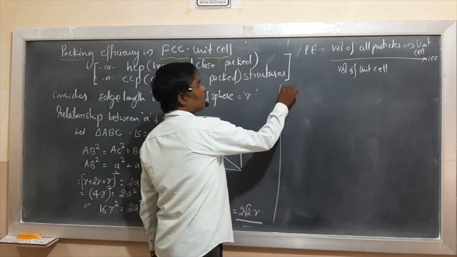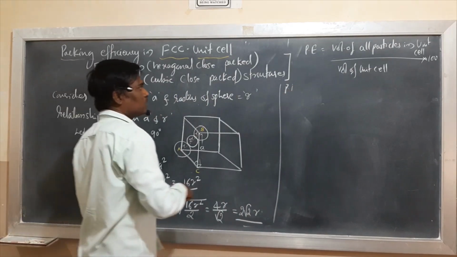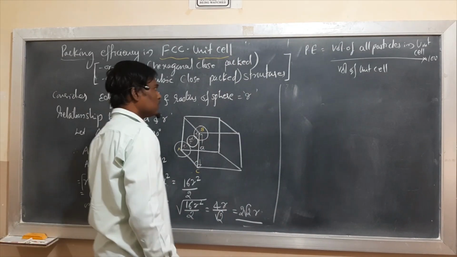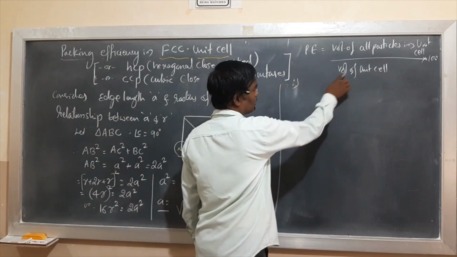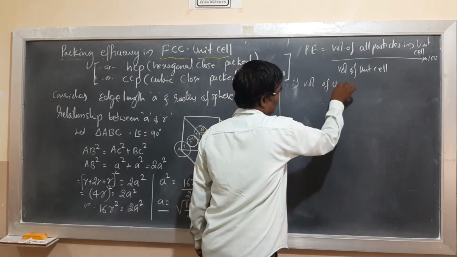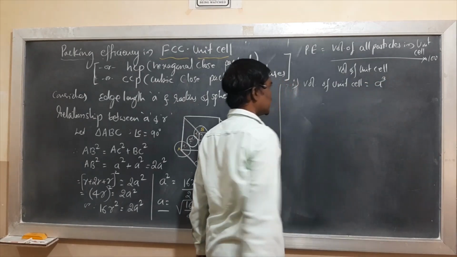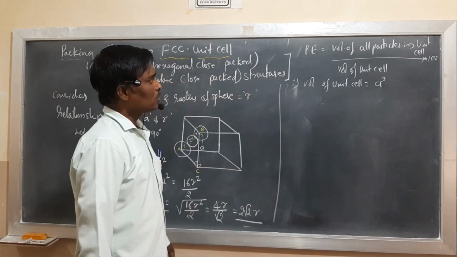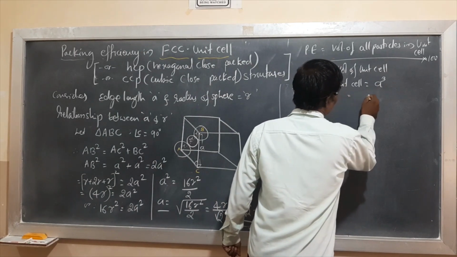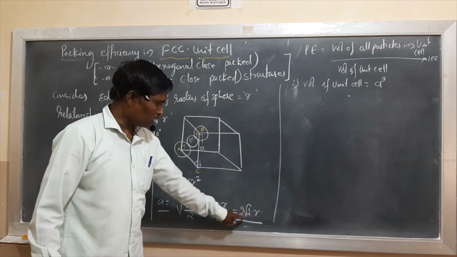Therefore, before I calculate the packing efficiency, let me calculate the volume of unit cell and the volume of all the particles. So first, let me calculate the denominator term, volume of unit cell. We know the volume of unit cell is a cube because the edge length is a for a cube. The volume of unit cell is a cube. Now, we substitute the a value as 2 root 2 r.